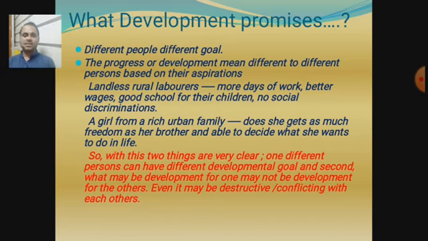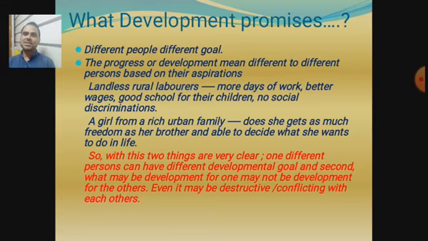What goal I have set or you have set, what desires you have and your friends have, it varies from you to your friend. It varies from you to your family. In the same way, we can say that it varies from one person to another person. So what does development promise?